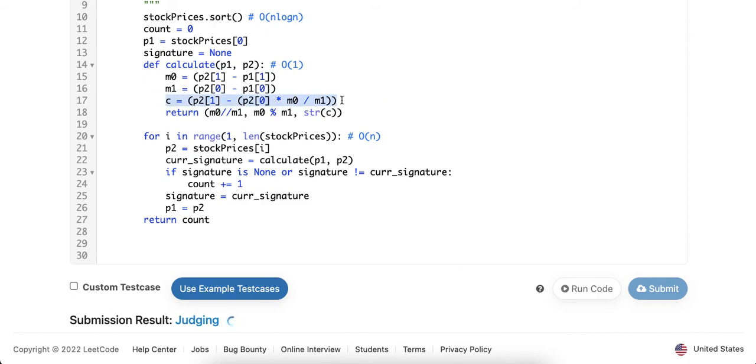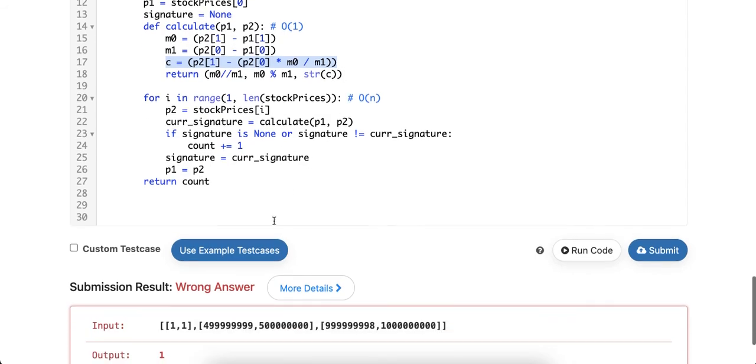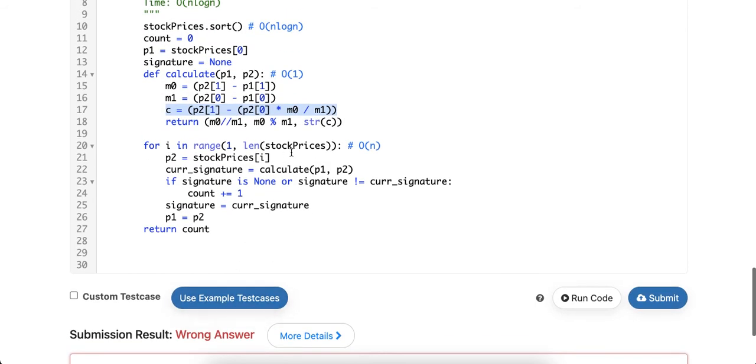Mathematically it looks the same, right? But remember that this is programming. It becomes a wrong answer because when we do the multiplication first, it risks overflow.